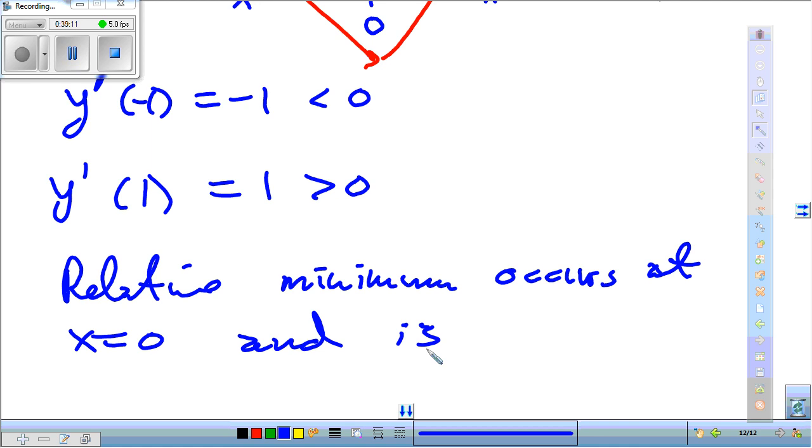So it would occur when x is 0, but the actual minimum, that height, would be y evaluated at 0, which is 3.